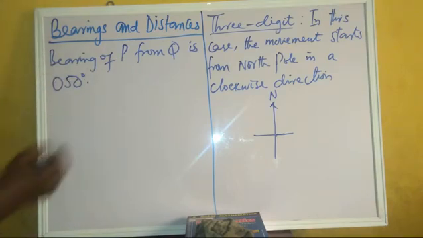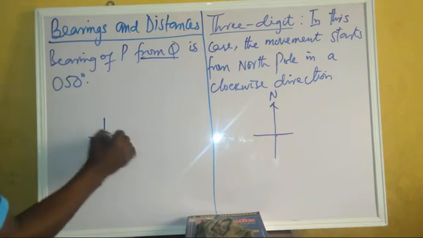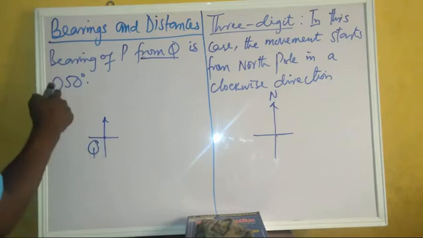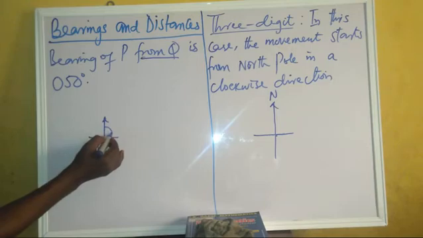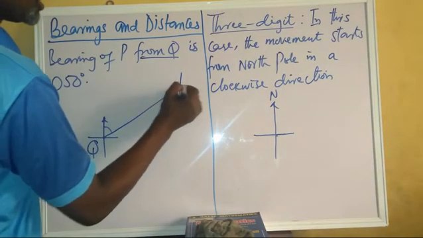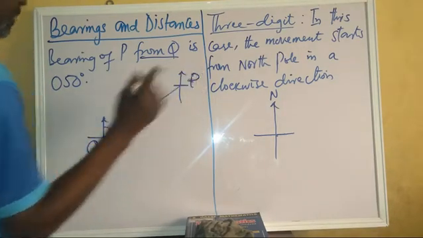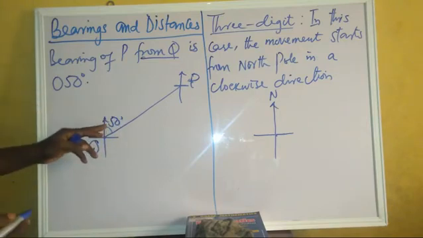When you look at this from Q, don't forget, that means you are starting from Q. This point is point Q. It says 050. So we start from the North Pole and move in a clockwise direction. So at this point, we have point P. This is 50 degrees, as you can see.